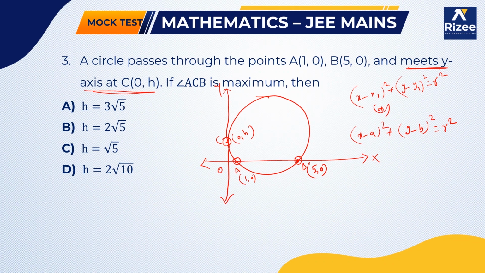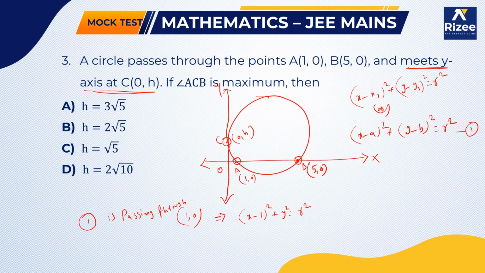Now equation 1 is passing through the point 1, 0. That implies (x minus 1) whole square plus y square is equal to r square.